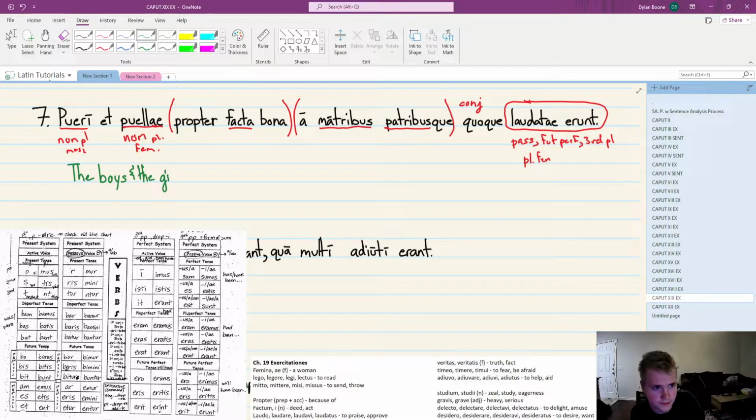What were they doing? Well, they weren't doing anything. They were being done unto, right? Something happened to them. Future perfect, we say will have, right? And since we are passive, we say been. Will have been. And what does laudo mean? It means to praise.